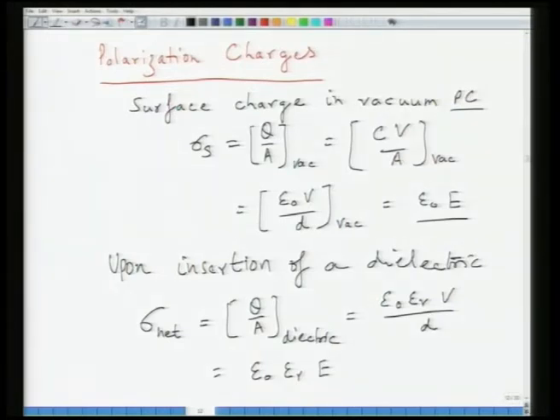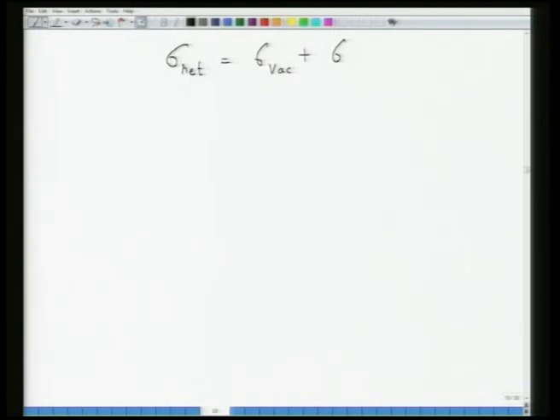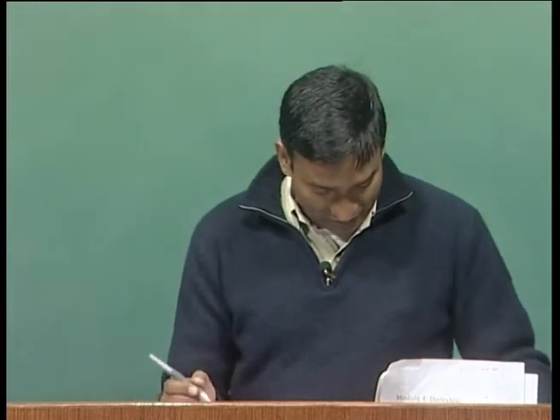So, this sigma net can be represented as sigma vacuum, which was present without the dielectric, plus something else. And what is that something else? Something coming from some external effect, let us say sigma induced. Okay. This induced charge is what we are interested in, and it is nothing but due to polarization of the dielectric.